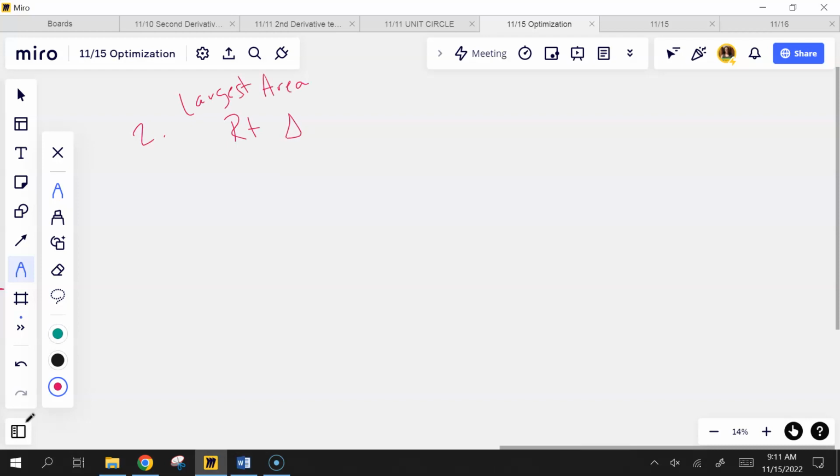Right triangle whose hypotenuse is 5 centimeters long. What are its dimensions? That's not a lot of stuff, right? Find the largest area of a right triangle whose hypotenuse is 5 centimeters long. What's the largest possible area it could have?